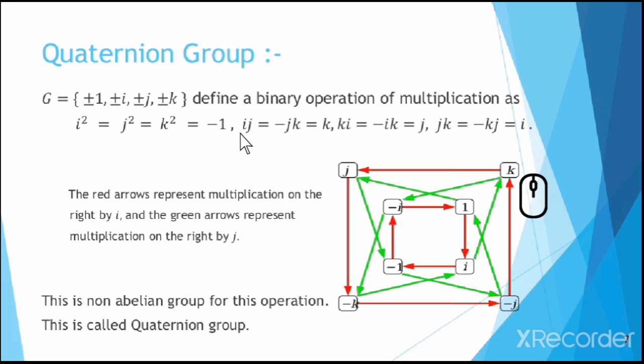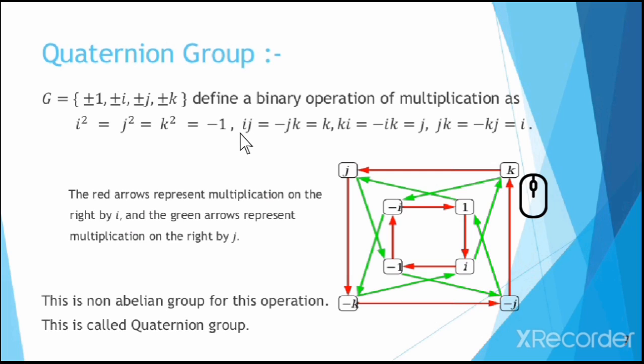I think you are all very familiar with these letters, as you have done these things in vector calculus. What you should know particularly about this group, which you will understand further at an advanced stage, is that all its subgroups are normal. You also know that this group is a non-abelian group.